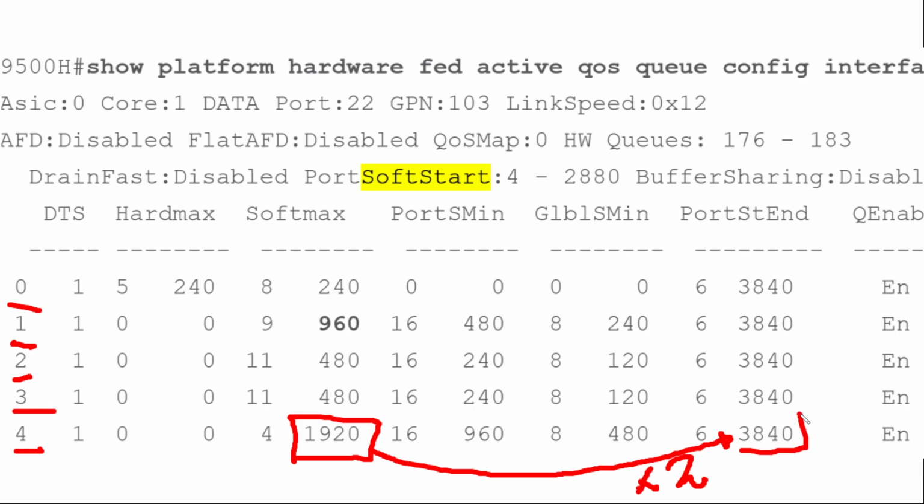So we get this number. And then if we want to calculate the PortSoftStart, we are going to multiply this by 75%. And then we are going to get this value.